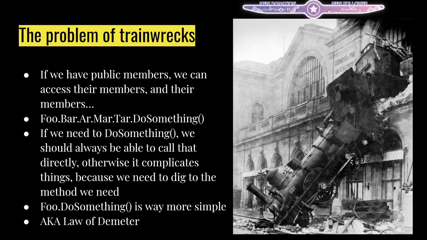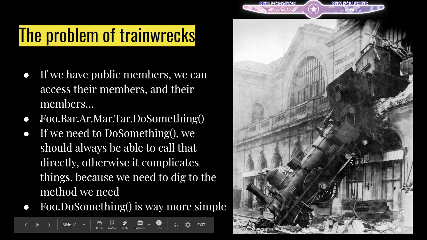And if we think about it, what happens if I expose everything publicly, and what problem does a facade pattern tackle? It's the problem of train wrecks. Consider this example, which is perfectly valid code.